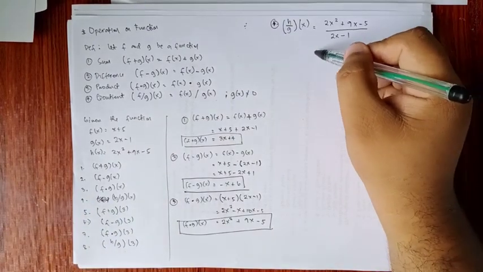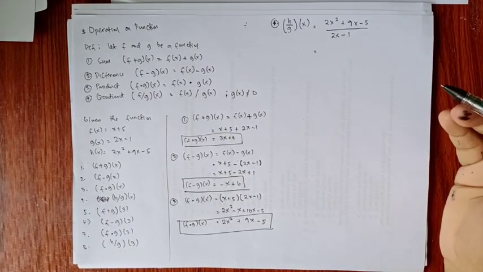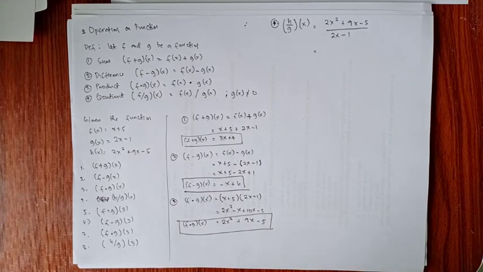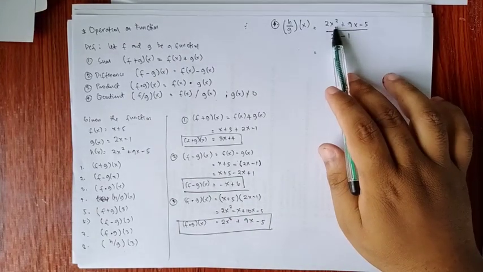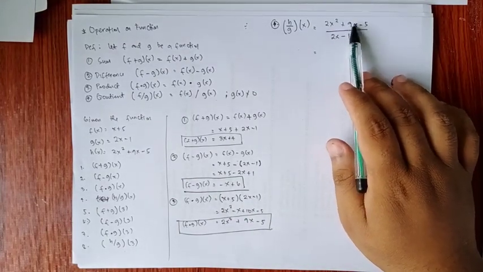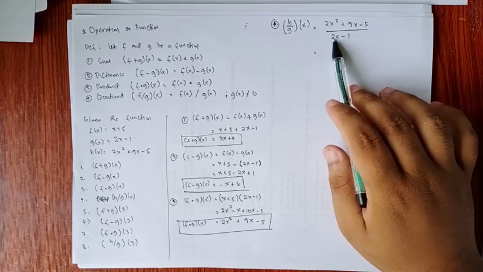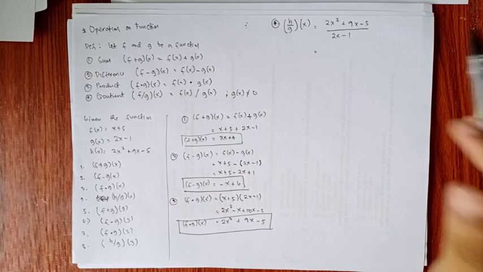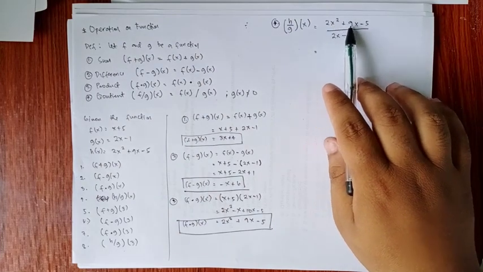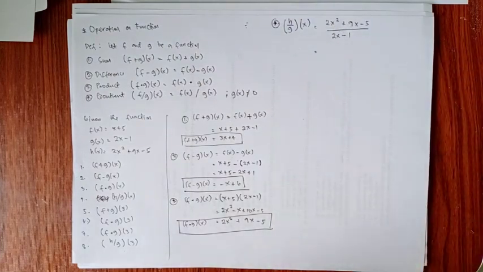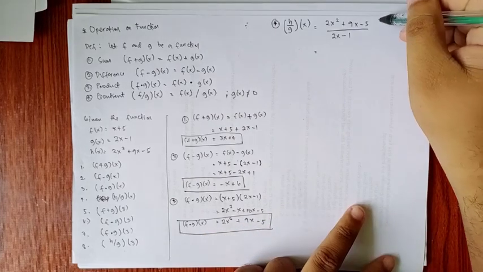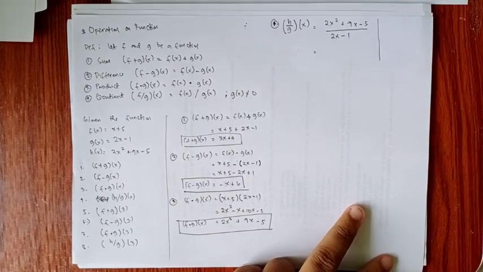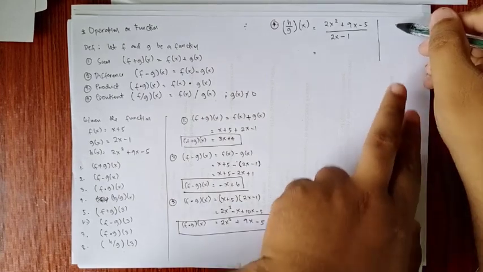Basic algebra, grade 7 ata to o grade 8. Tinuturo to sa inyo. Factor mo lang to. Tapos, if meron silang common na term, pwede mo sila i-eliminate. So now, paano natin i-factor si 2x squared plus 9x negative 5? Yan yung tanong. Kasi marami sa atin hindi alam kung paano siya i-factor.